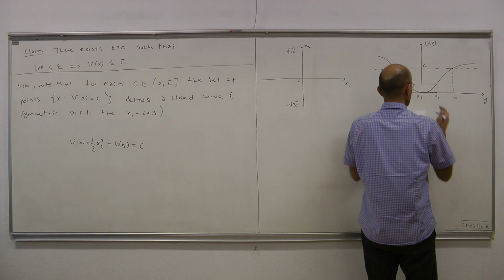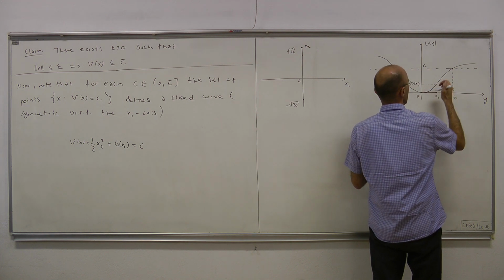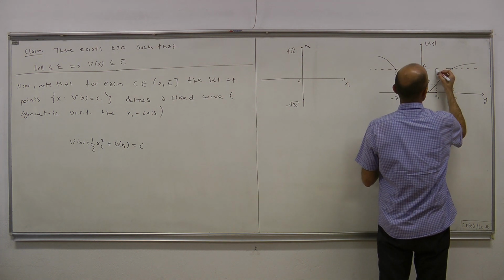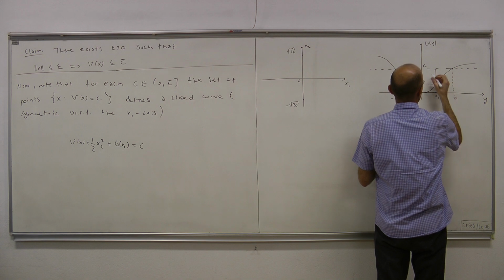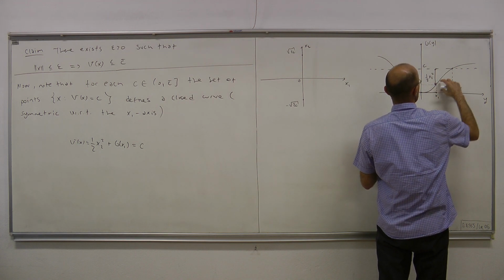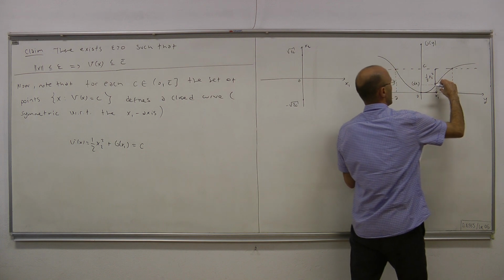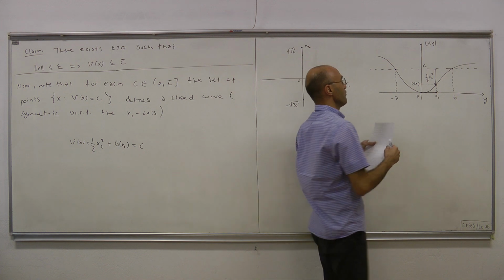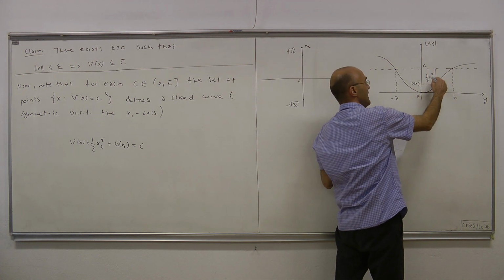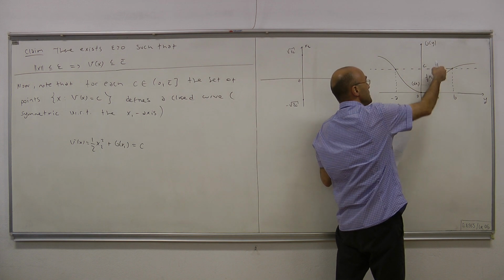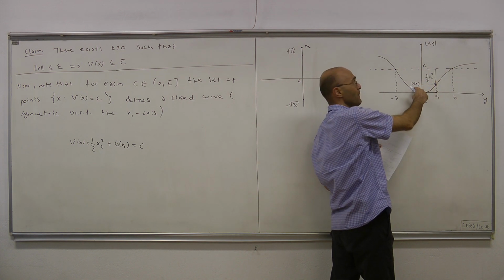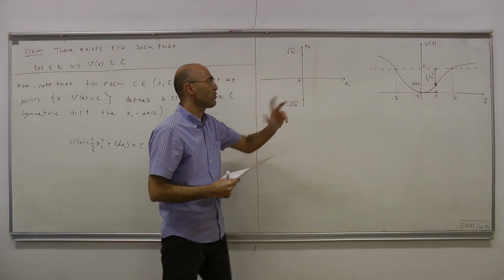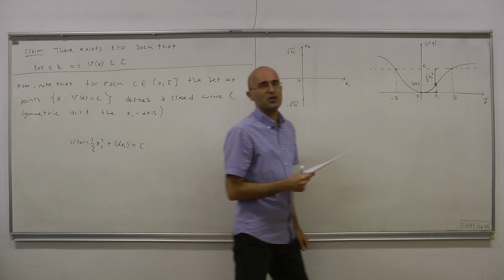This is g of x1, so this distance is g of x1. g of x1 plus 1/2 x2 squared must equal c. Therefore, for this particular x1, x2 could be c minus g of x1, and then you multiply by 2 and take the square root. Both plus and minus are possible because we have x2 squared here.